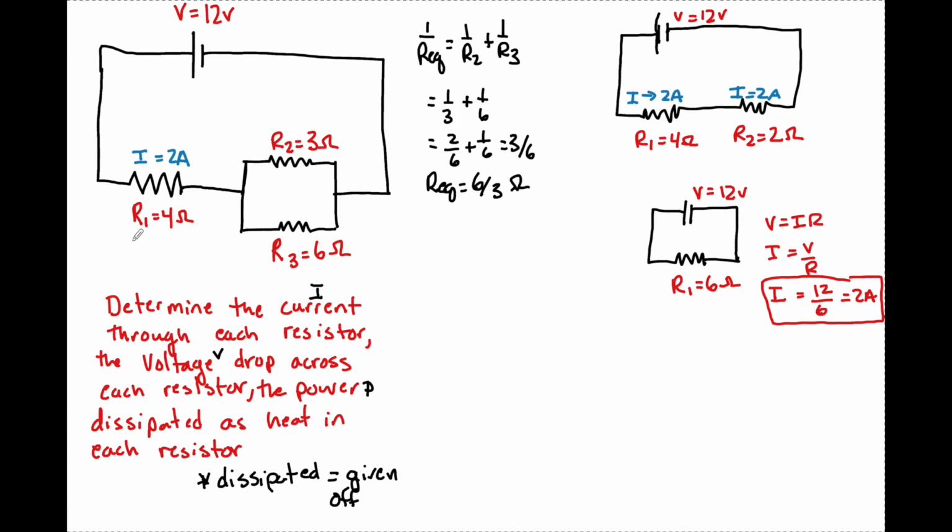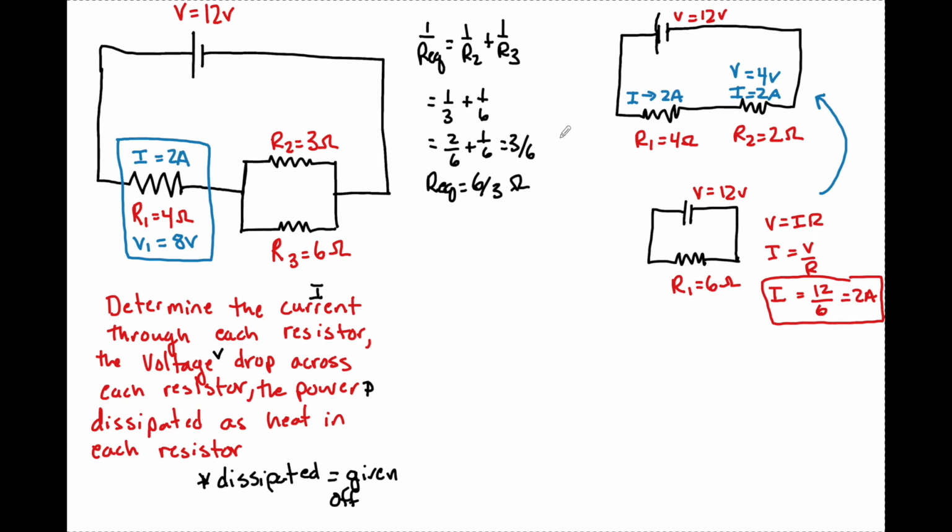And using V equals IR, I now know the voltage drop across here is going to be equal to 8 volts. But I do know that across this total equivalent resistance, V here is going to be equal to 4 volts. So I worked backwards from here into here, which gave me definite information here, because this was its own resistor right away.